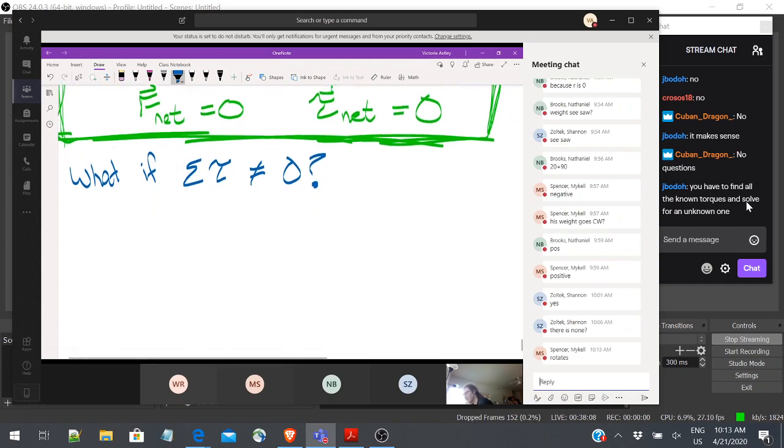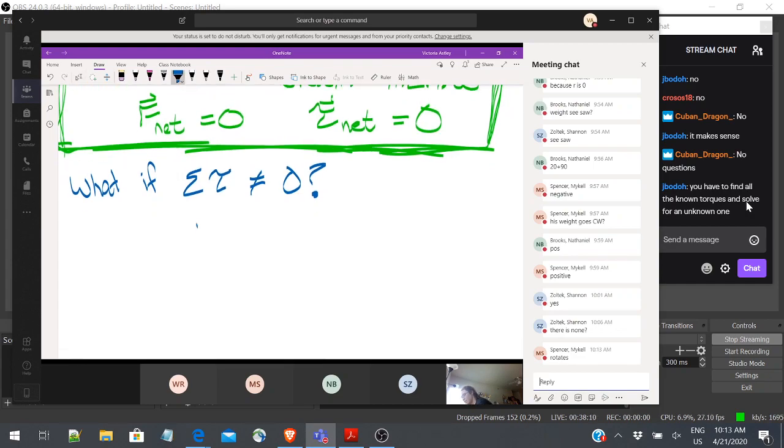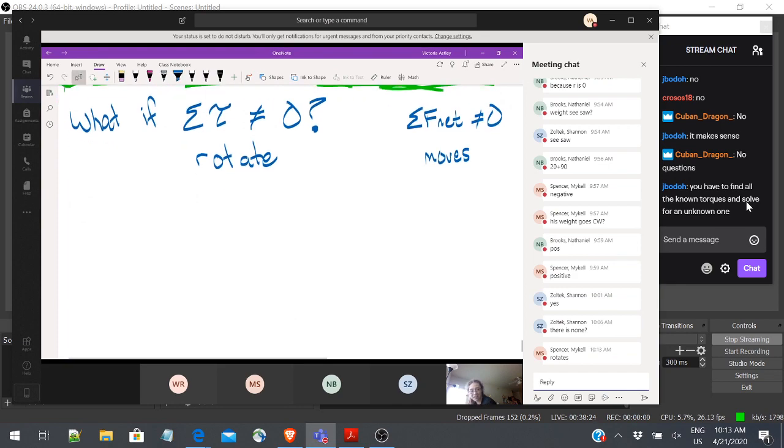Specifically, it will rotate. But really, it's not just about rotation, just like F net does not equal 0. It moves, but that's not the most accurate way to talk about it. The most accurate way to talk about it is to say that it accelerates.